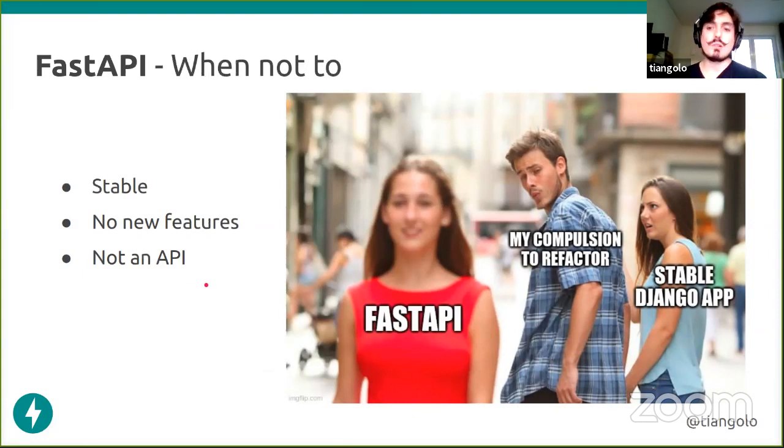But for example, if you have a stable Django application, but you need to add extra features in the shape of an API, or you need extra performance, then you could add a layer of FastAPI on top of that, and even integrate with the same database, with the same tools. Maybe it's not Django, maybe it's some other tool, and it's connected with a MongoDB database or a Postgres or, I don't know, Cassandra, whatever you use.